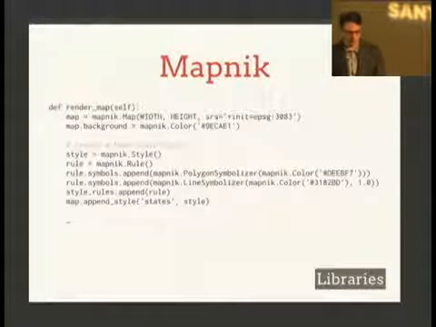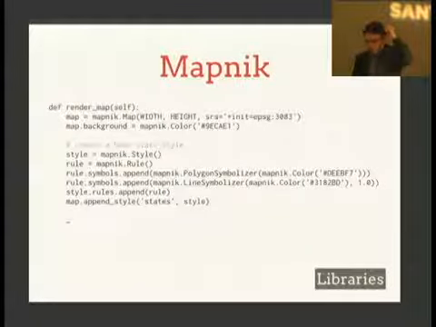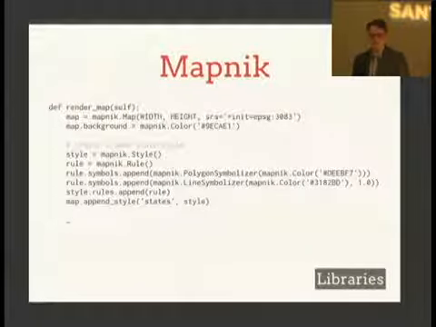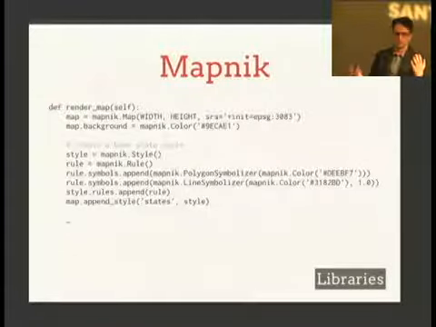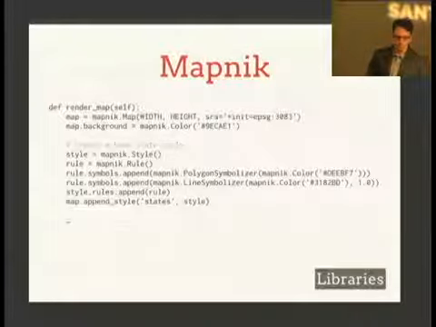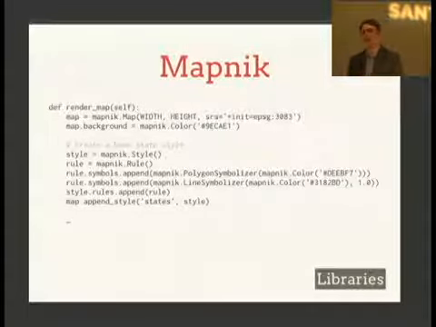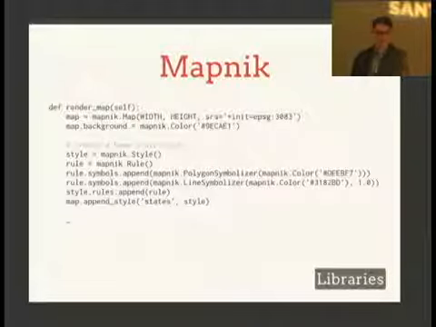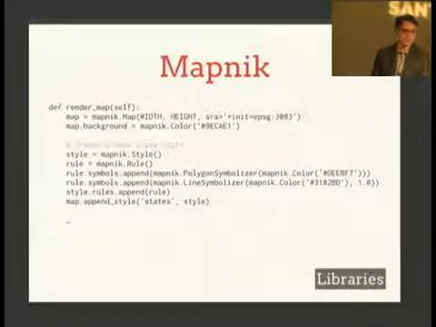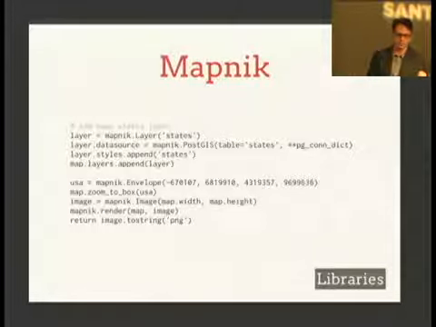And just here's some code to create a quick map in MapNick. You would import MapNick. You create a map object, and it has a certain height and width. You create essentially styles and layers, and those styles match up with layers. So in our case, we would create a polygon style that has a certain color, a line that has a certain color, append that to our map as a style, and then let's say we're creating a map of states.